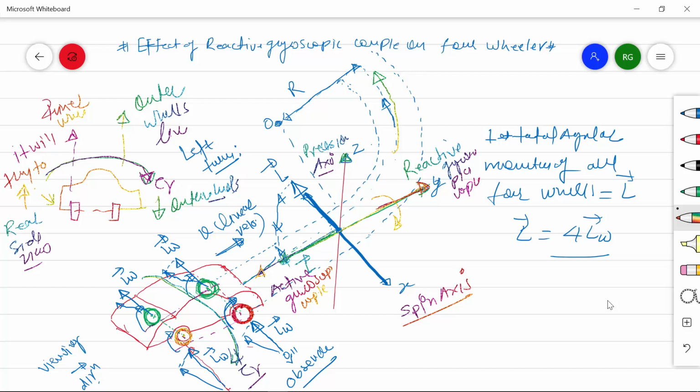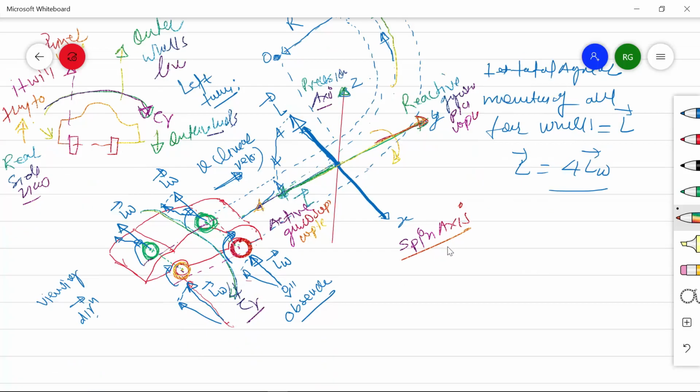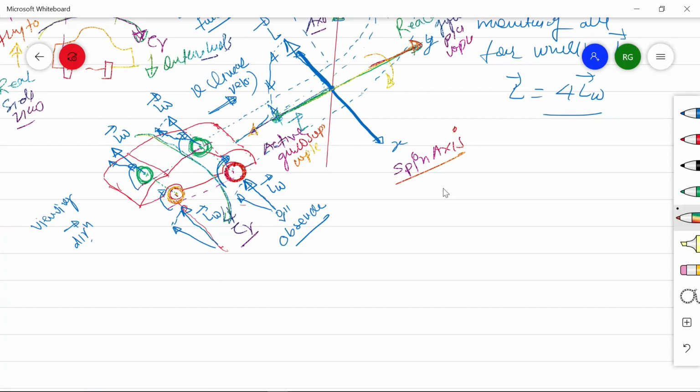Now the magnitude of reactive gyroscopic couple, as we know, tau r is always given by I multiplied by spin velocity multiplied by precession velocity. Here, let's say I w is the mass moment of inertia of each wheel.